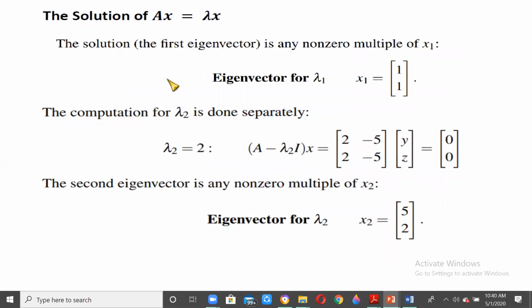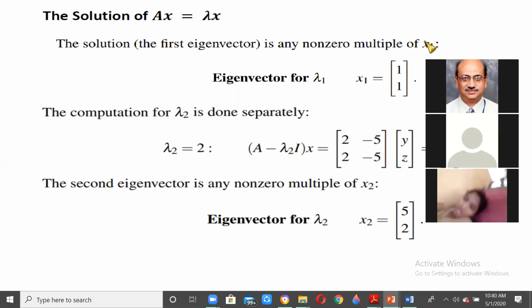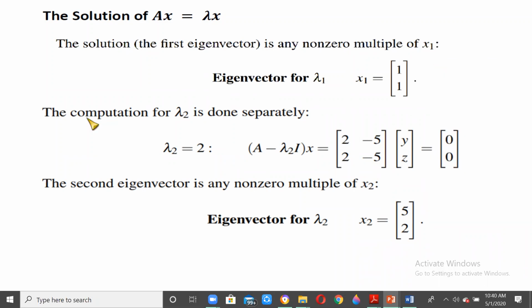So the solution of the first eigenvector is any non-zero multiple of x1. The eigenvector for lambda 1 is x1 equal to 1, 1, and you can say multiplied by c1 over here. Similarly, the computation for lambda 2 is done separately, that is lambda 2 equal to 2, again you can write this and try to find out the eigenvector for lambda 2, and that will become 5, 2.